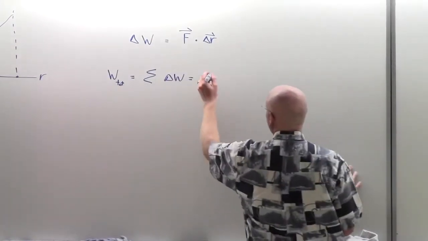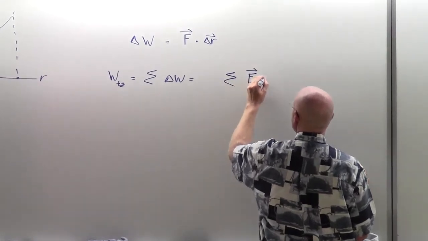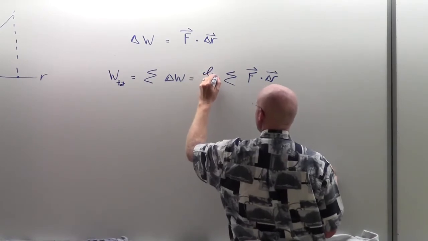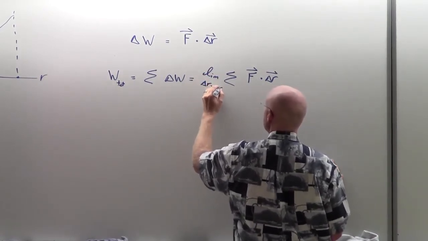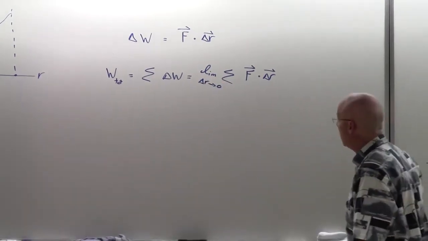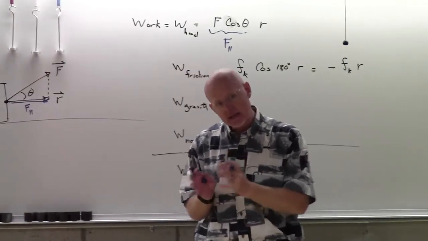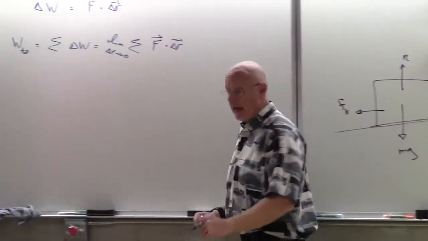And that means I'm going to add up all the little F dot dr, and just to make sure that my force truly is a constant, I would say take the limit as the distance I pull it equals 0.